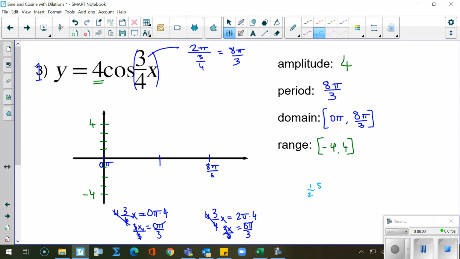Half of 8 pi over 3 is 8 pi over 6, which can be reduced to 4 pi over 3. Then when I have to find half of 4 pi over 3, I get 4 pi over 6, which can be reduced to 2 pi over 3. And the tough one.